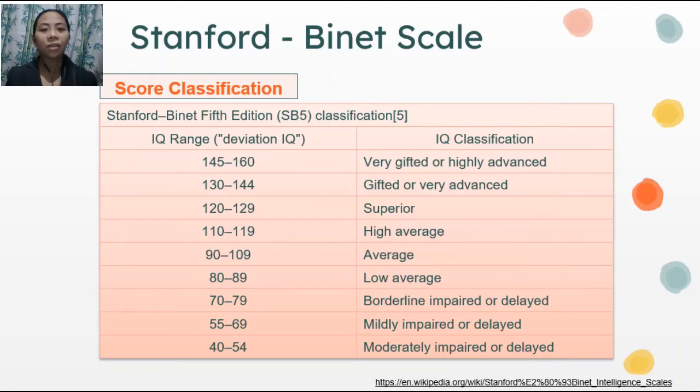IQ range, deviation IQ: 145 to 160, very gifted or highly advanced; 130 to 144, gifted or very advanced; 120 to 129, superior; 110 to 119, high average; 90 to 109, average; 80 to 89, low average; 70 to 79, borderline impaired or delayed; 55 to 69, mildly impaired or delayed; 40 to 54, moderately impaired or delayed.